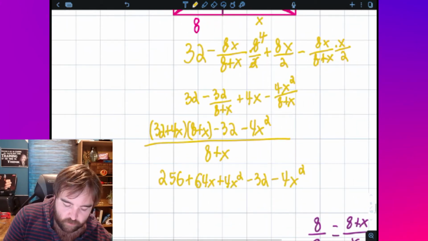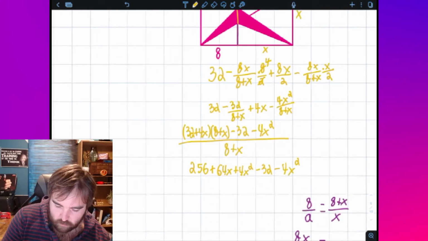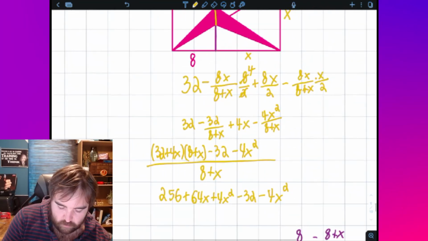Should I try factoring a 4 out? Well, yeah, if I factor a 4 out, that really moves things along.